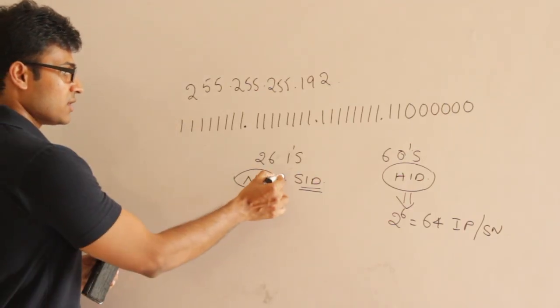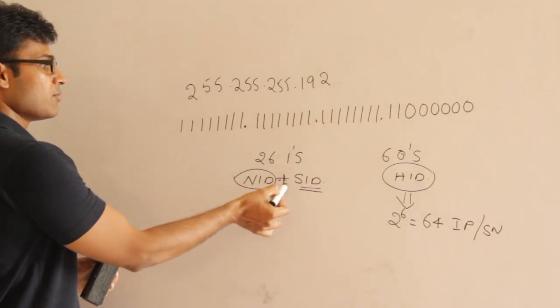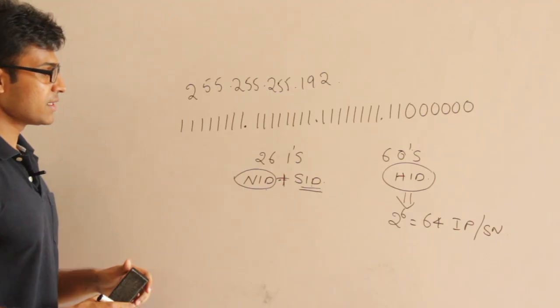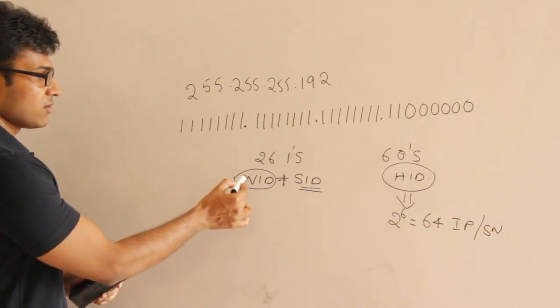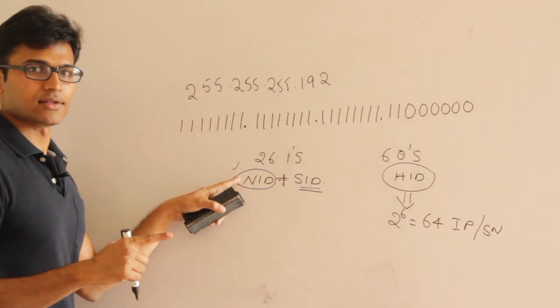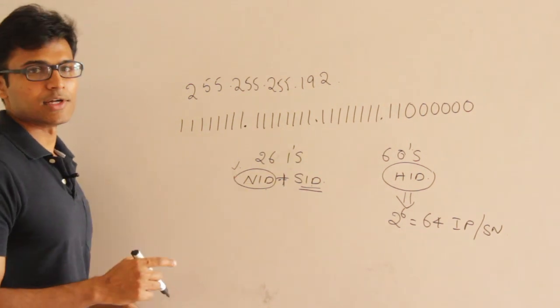In order to find out this subnet ID part, we know that subnet ID part plus network ID part is 26, but now we have to find out what this subnet ID part is, right? That depends on what the network ID part is. That depends on what the class is which has been divided into subnets.